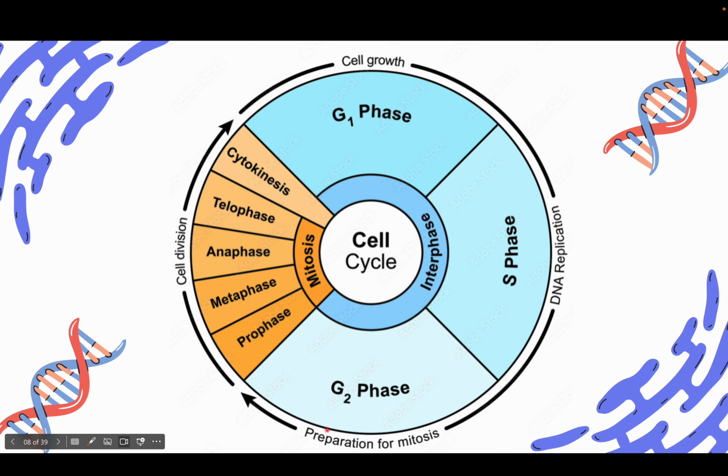Mitosis has four key steps. It is helpful for you to remember the acronym PMAT: P prophase, M metaphase, A anaphase, and T telophase.